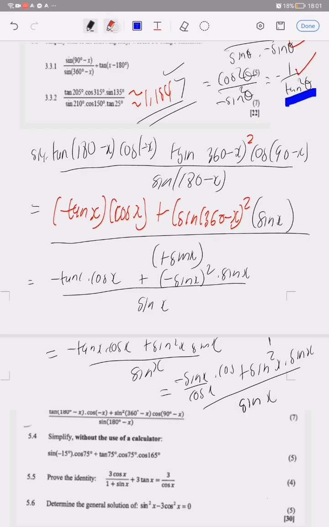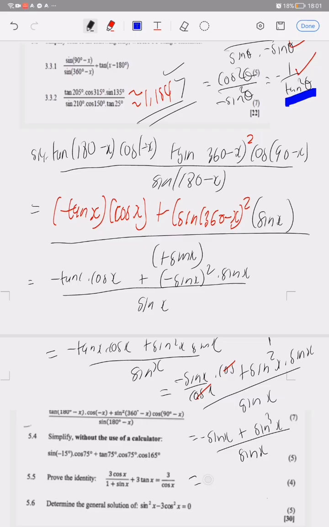Then I can cancel this one and this one, so I'm just left with a negative sine x plus sine squared x over sine x.